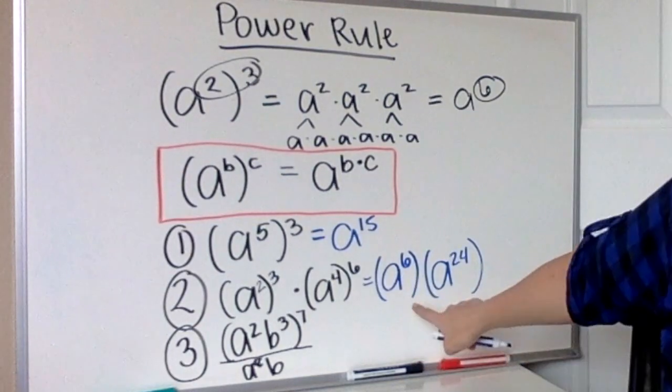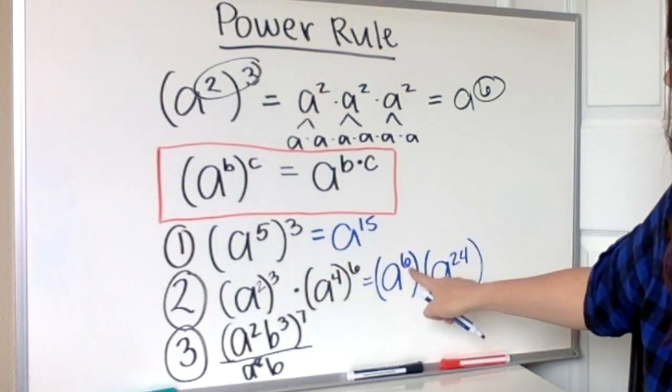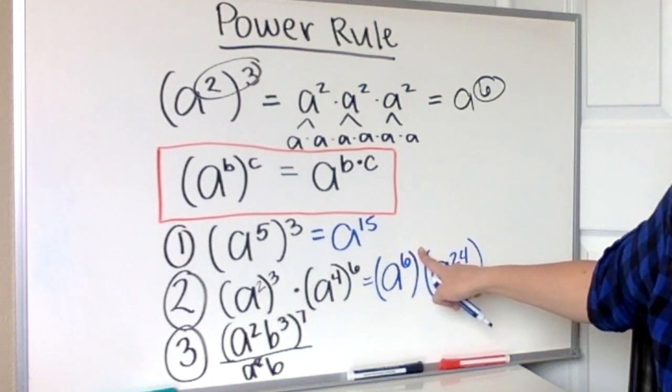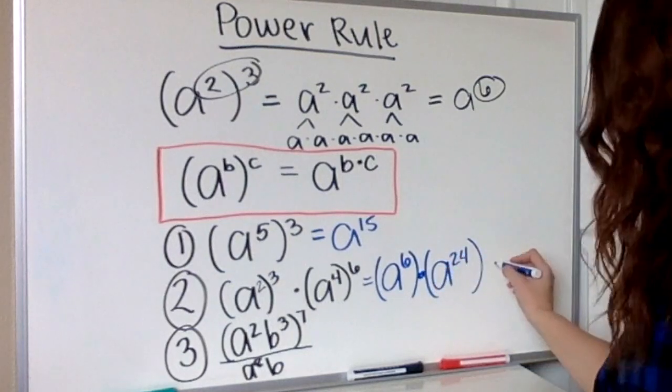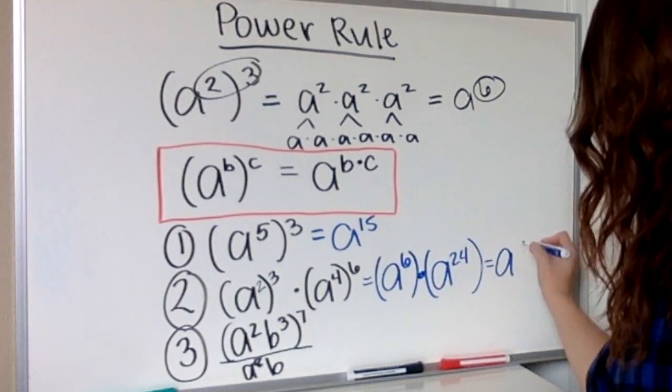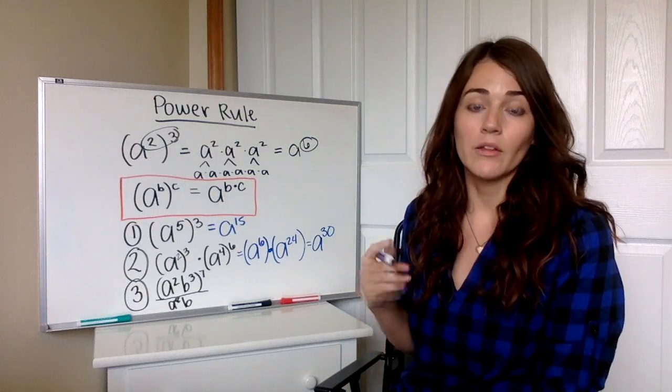But now notice how this is different to this, right? I don't have a to the 6 times 24th. I'm not multiplying them. We're using our product rule, which tells us to add them. So 6 plus 24 would get us our a to the 30th.